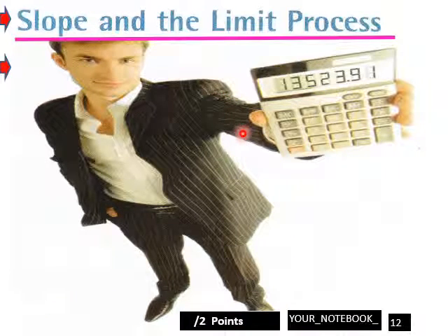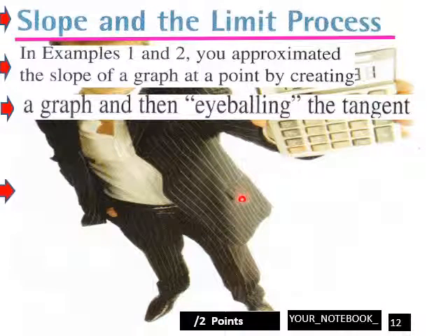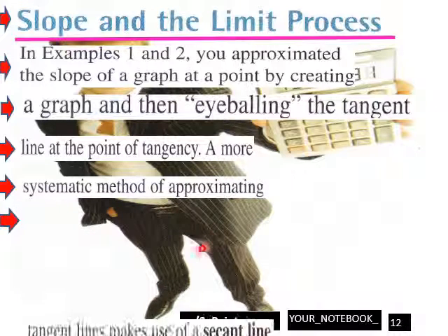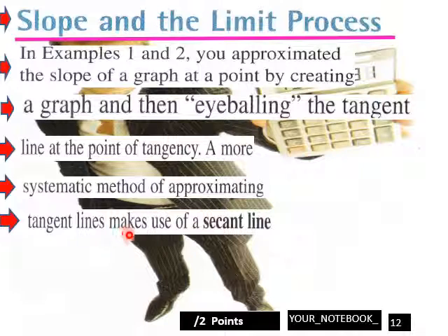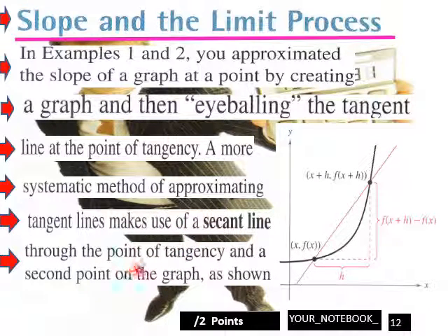Slope in the limit process. In examples 1 and 2, you approximated the slope of a graph at a point by creating a graph and eyeballing the tangent line at the point of tangency. A more systematic method of approximating tangent lines makes use of a secant line through the point of tangency and a second point on the graph.